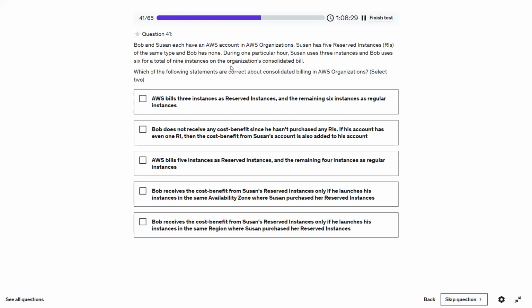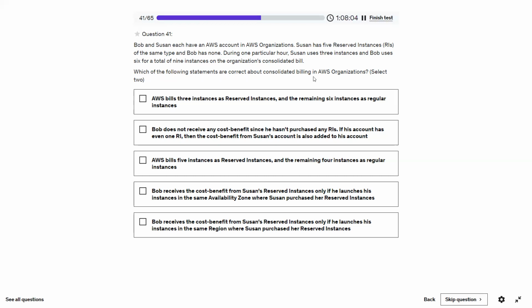Because it is an organization, the reserved instances can be shared across the accounts. So Susan has 5 and uses only 3, and the rest 2 can be used by Bob. Bob has used a total of 6, so 2 come from this and 4 are normal.